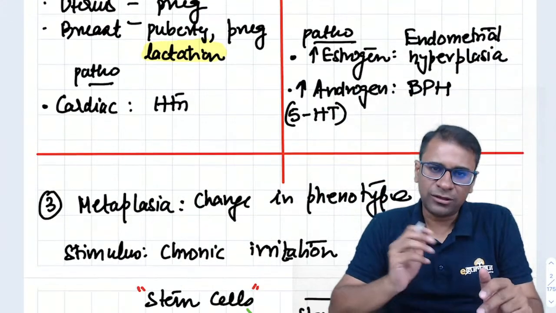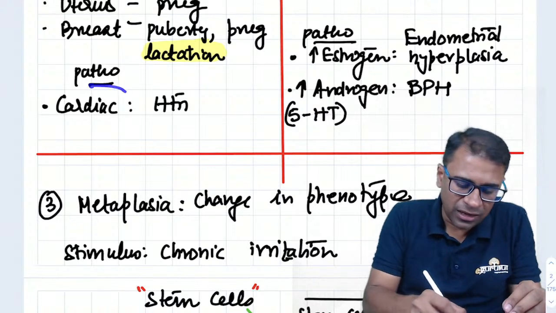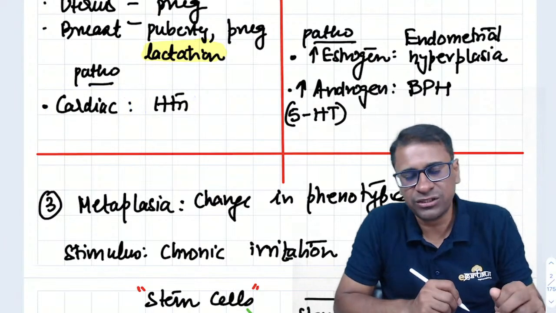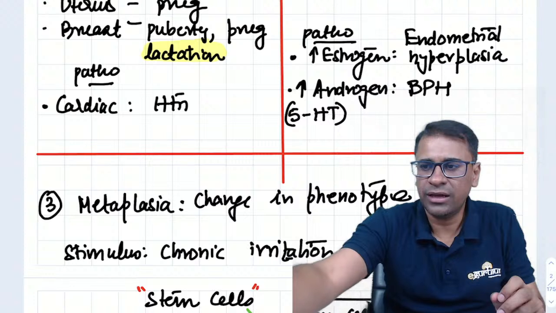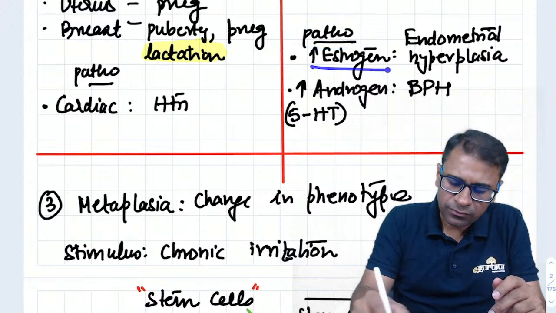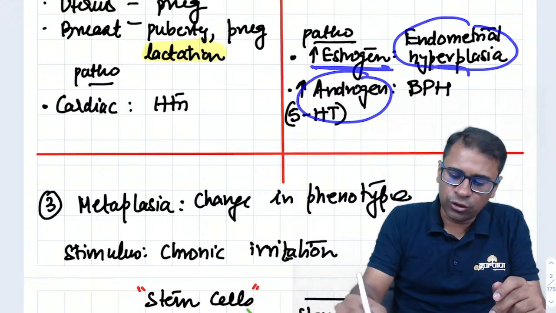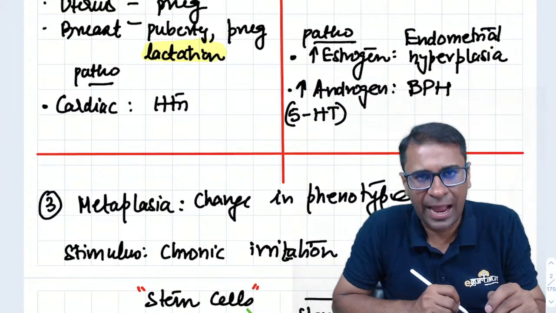Pathological causes of hypertrophy are cardiac hypertrophy in hypertension. Whereas pathological examples of hyperplasia are estrogen causing endometrial hyperplasia and androgen causing benign prostatic hyperplasia.